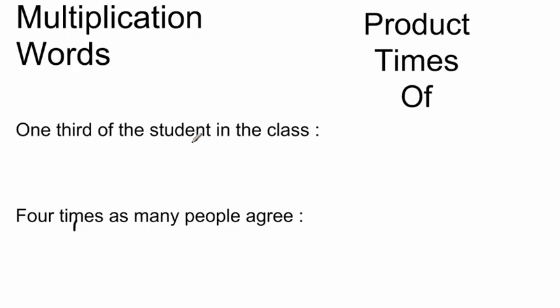First of all, we'll call the number of students in the class S. And I see 1/3 of, and we talked about of meaning multiplication. So we can write this as 1/3 times S, which is the number of students in the class, because that word of means multiplication.